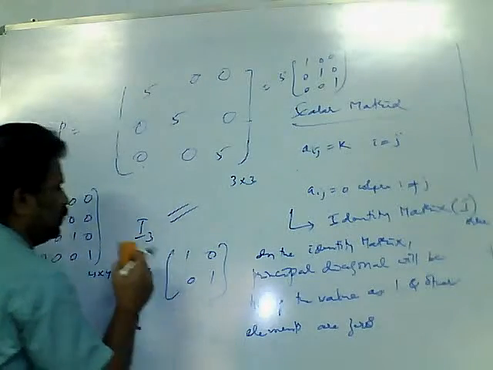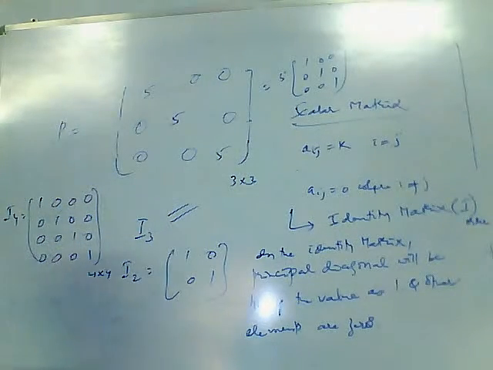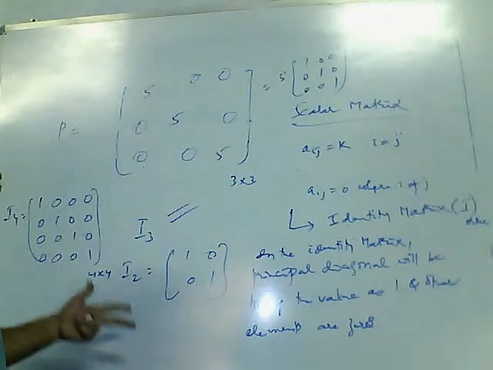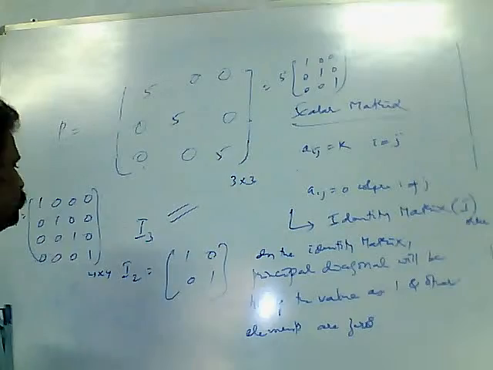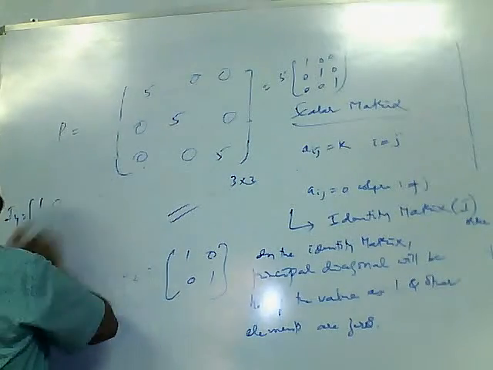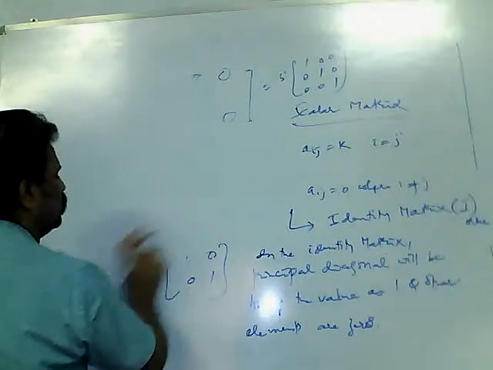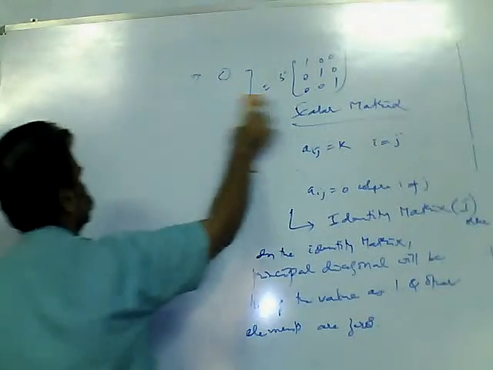Now we have seen the identity matrix, diagonal matrix, square matrix, order of a matrix, and the location of the element Aij, the ith row and jth column. After knowing these things, now we'll go for operations.